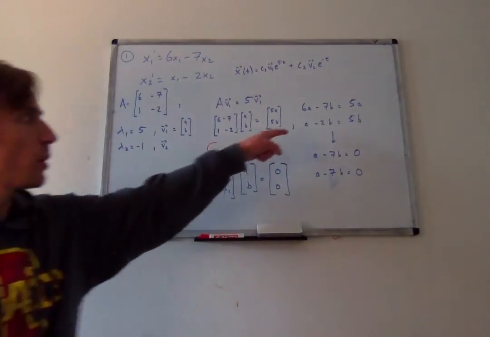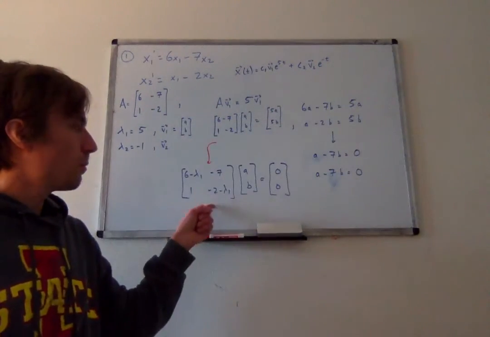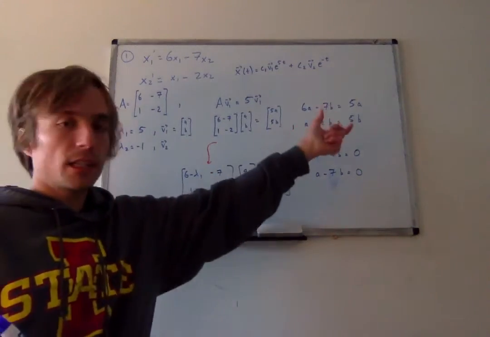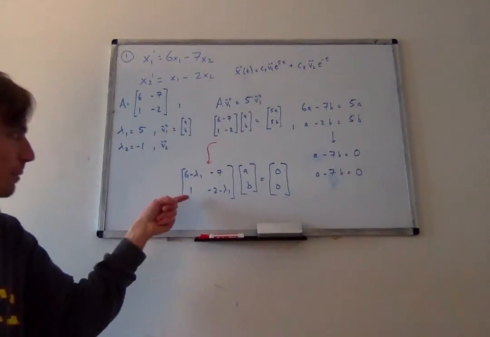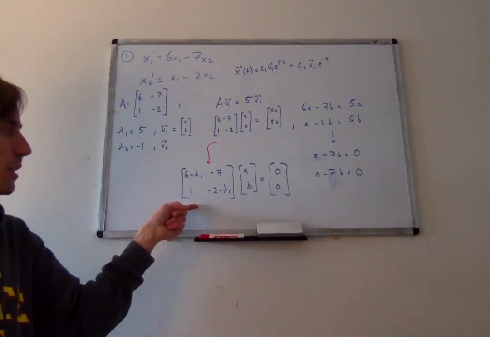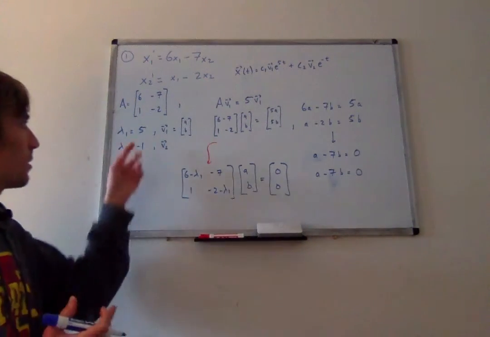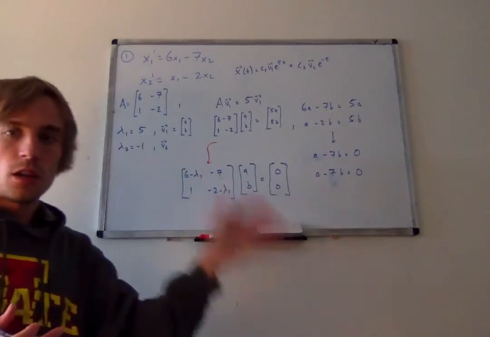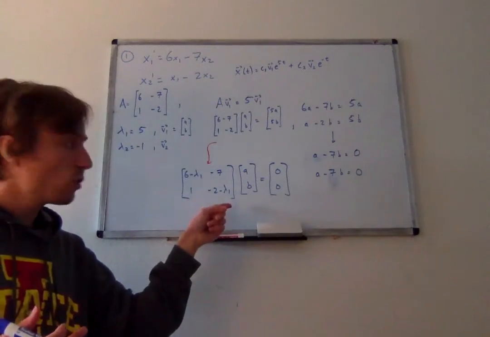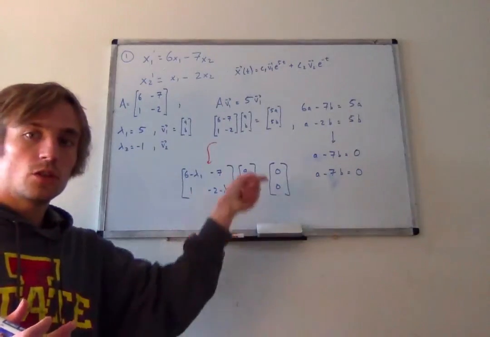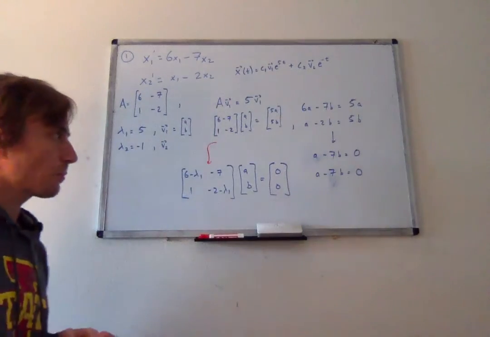And basically all I'm doing is I'm sort of doing this step where I subtracted the 5a and 5b over to the left, but just one step earlier.